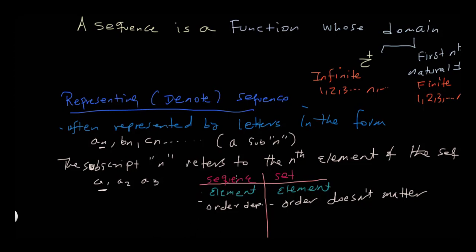How is that though? Let's see some examples. For example, we may have a sub n as a sequence represented by (-1) to the power of n. If n is 1, we have -1; n is 2, we have 1; n is 3, we have -1, then 1, and so on.